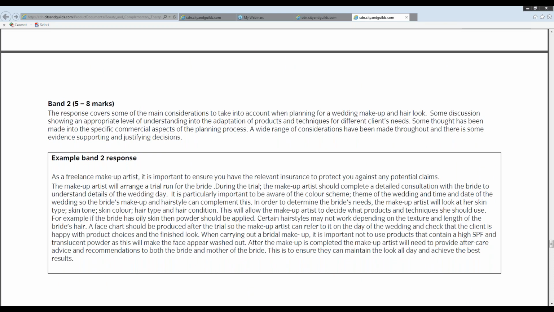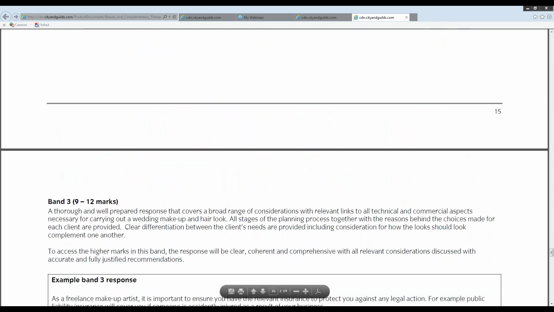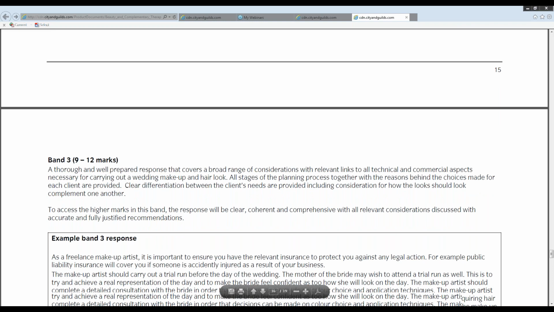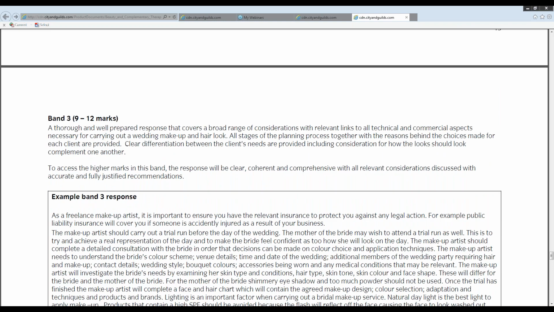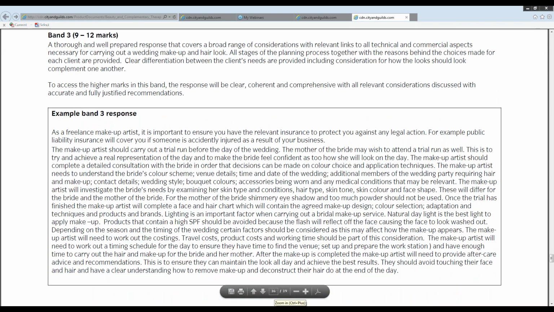So the response covers some main considerations, a wide range of considerations made throughout. Then we give you an example from a higher level learner that's given us a thorough and well-prepared response that covers a broad range of considerations. So this learner then has gone for the higher level marks.